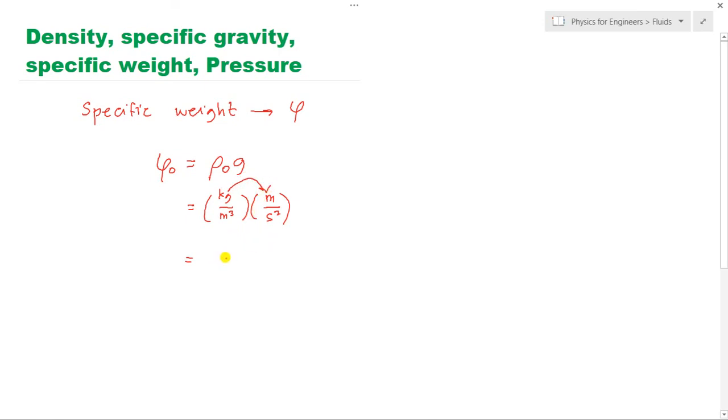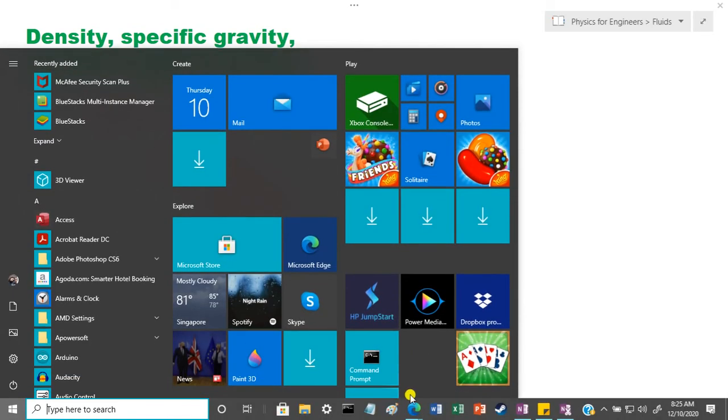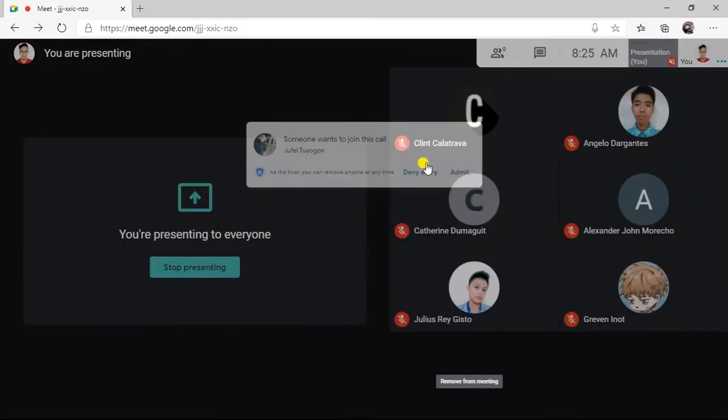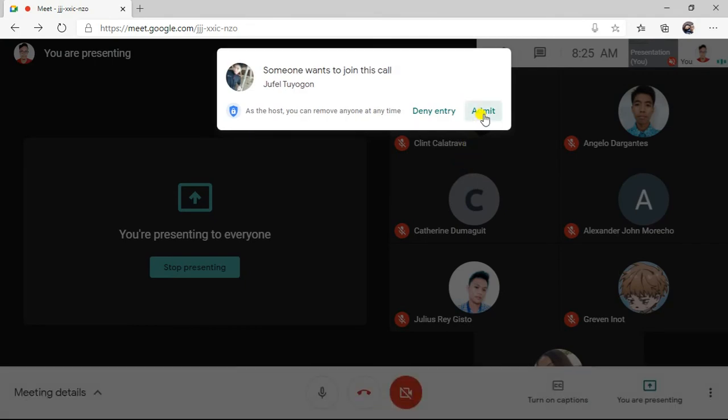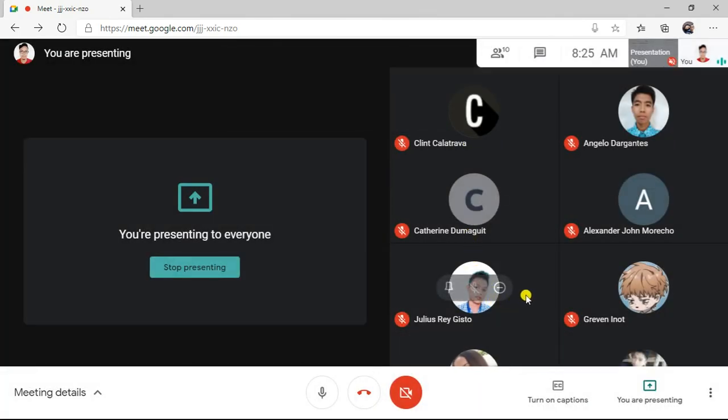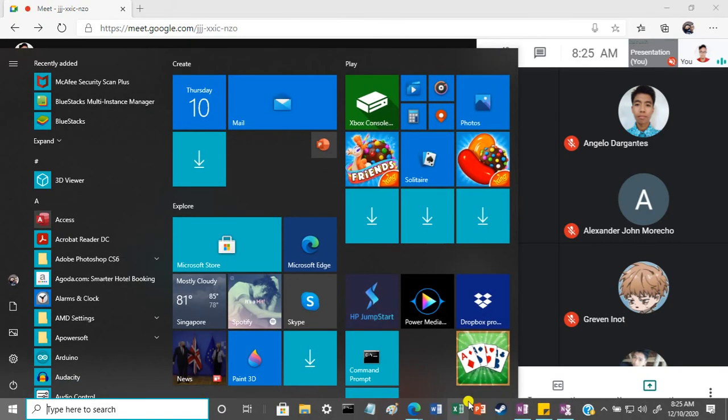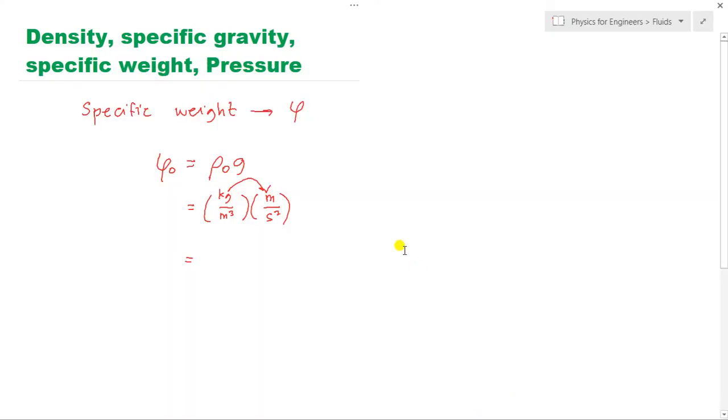What other dimension is equal to kilogram meter per second squared? Okay, Newton. So that is Newton. So therefore, we have Newton per cubic meter.